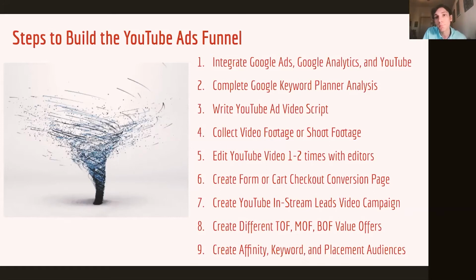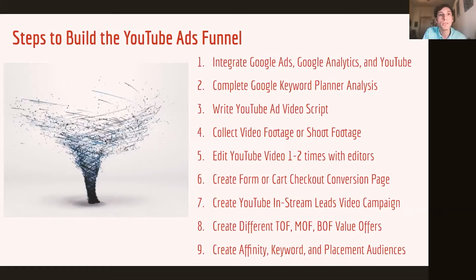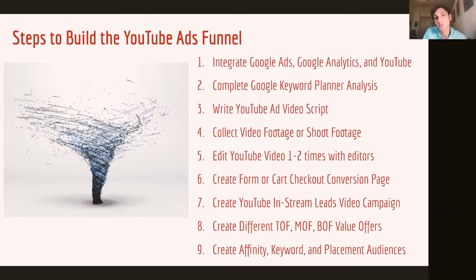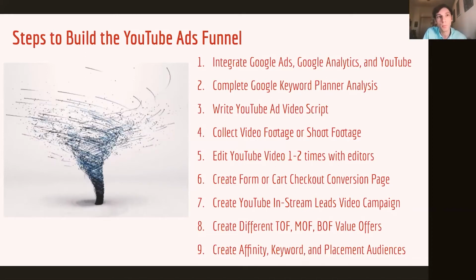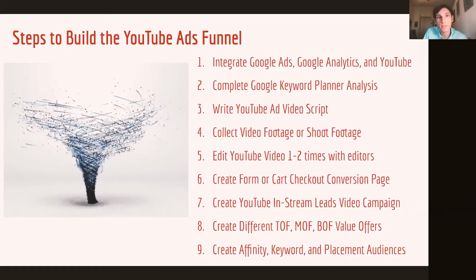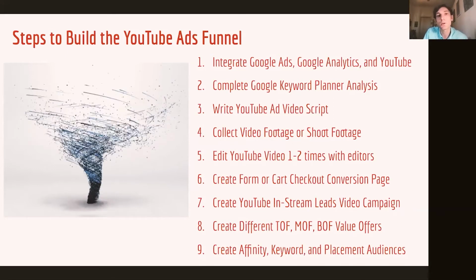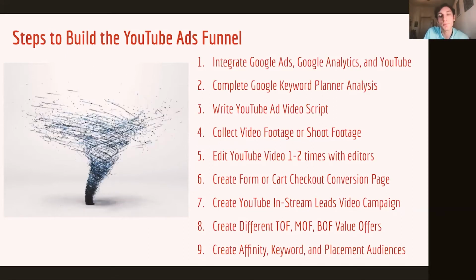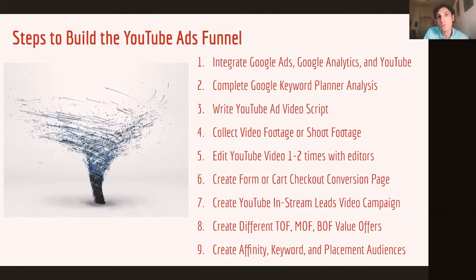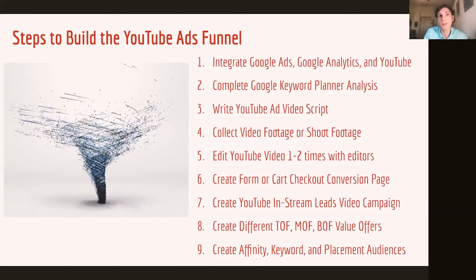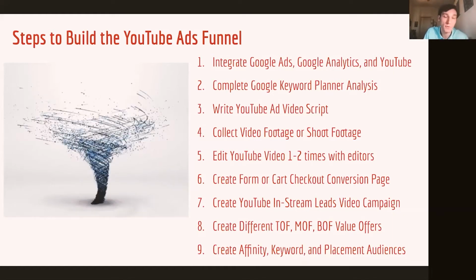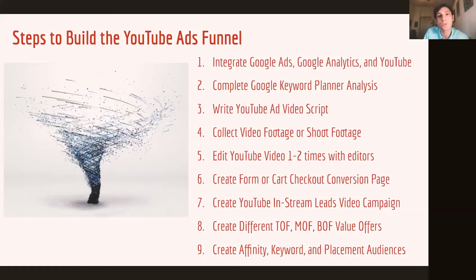And this is really important, because what the Google keyword planner analysis does is tell you exactly, in the Google Ads platform, how many people are searching for a given keyword, how much it is going to cost you to rank at the top of search results for your YouTube ads to actually be seen for that keyword, and how competitive that keyword is. I'll show you an example of one that we did for that first video ad that I opened the presentation on, of exactly what that looks like.